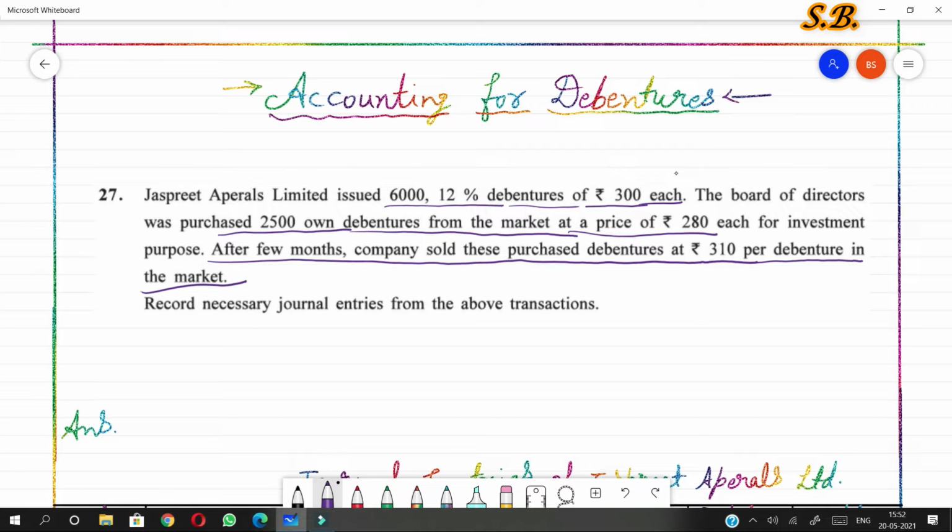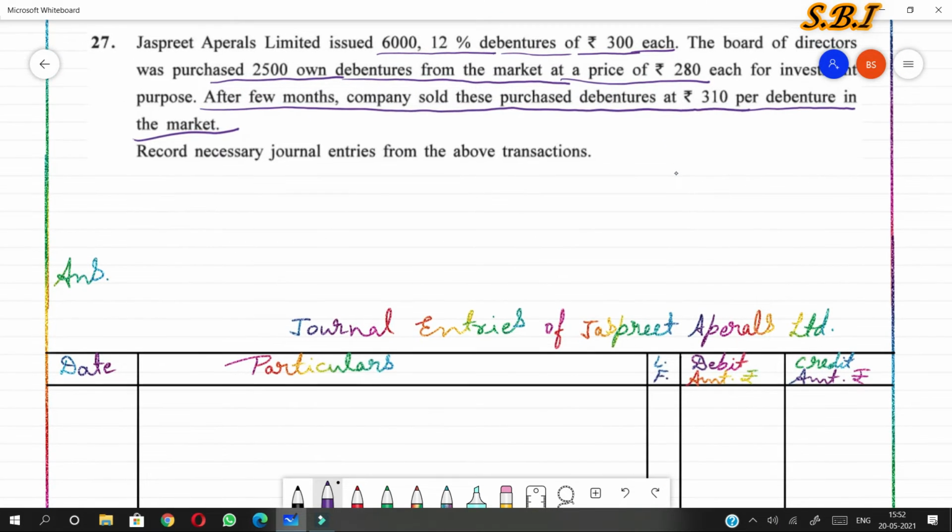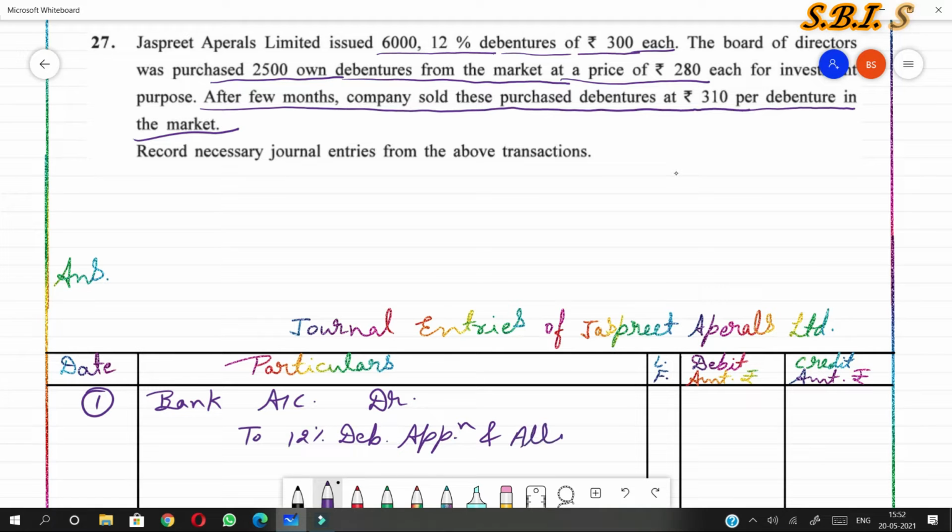Then students, the first entry will be made for issuing the debentures. The first entry will be: Bank account debit, to 12% debenture application and allotment account. 6,000 multiplied by 300, 18 lakh.